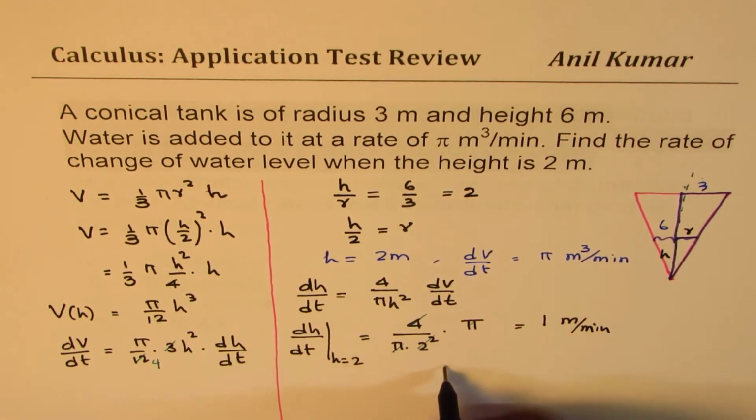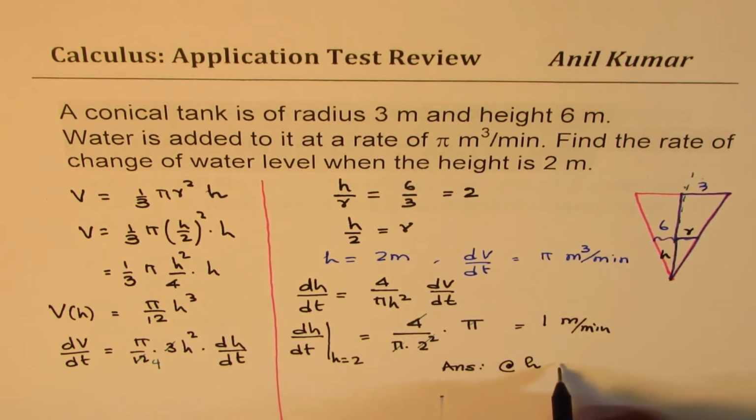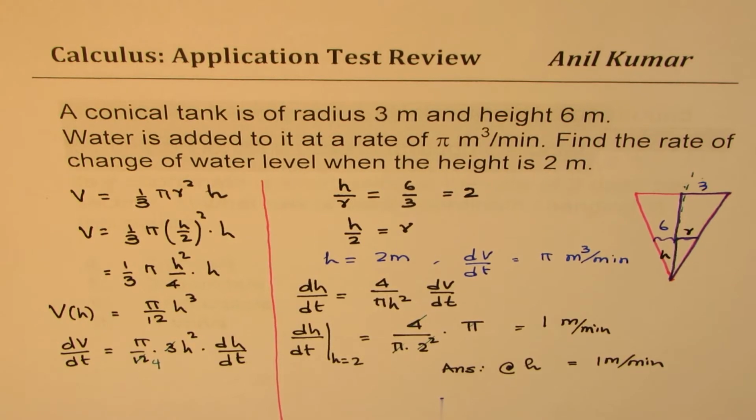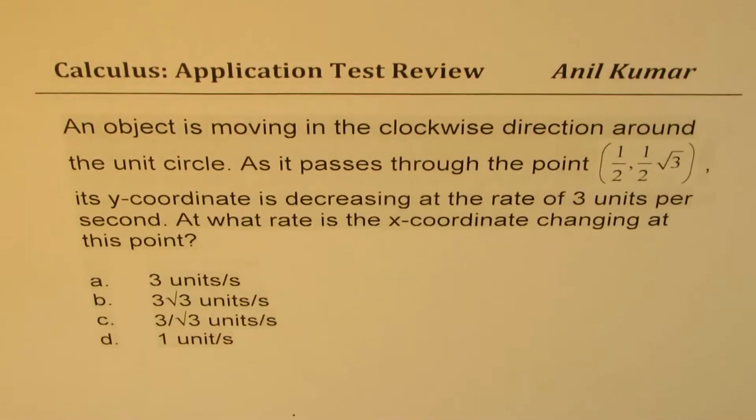So the answer is the rate of change of height is equal to 1 meter per minute when the height is 2 meters. I hope all the steps are absolutely clear. We can always find rate of change by relating the two variables. Let's move on to the next example.